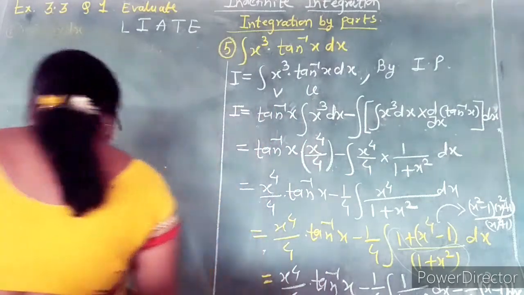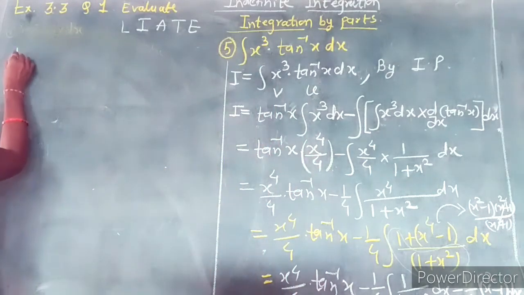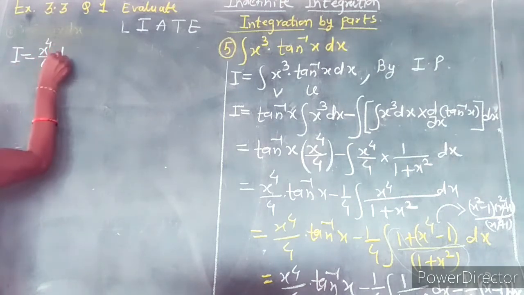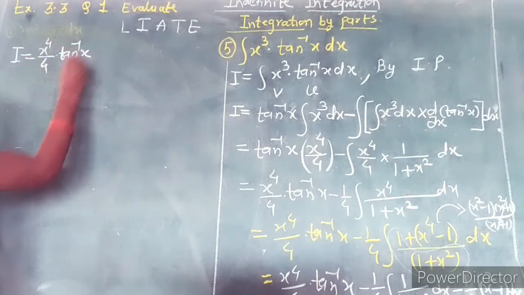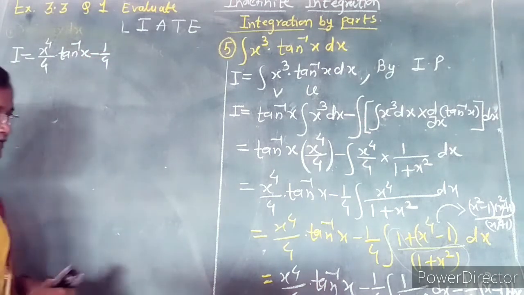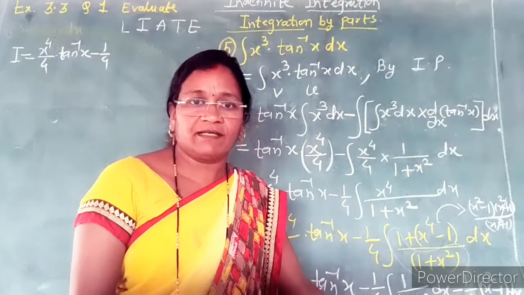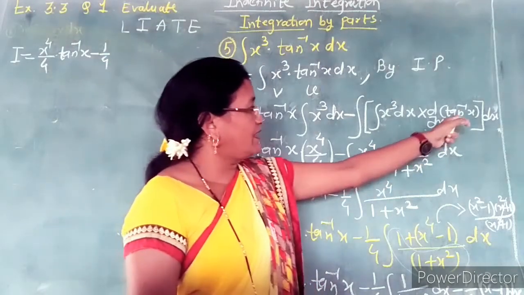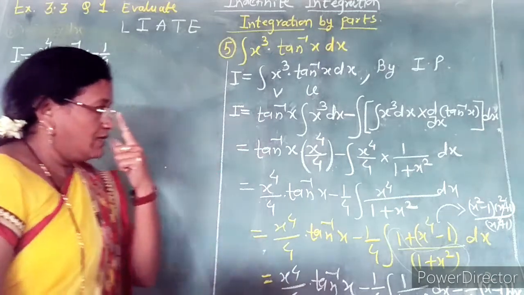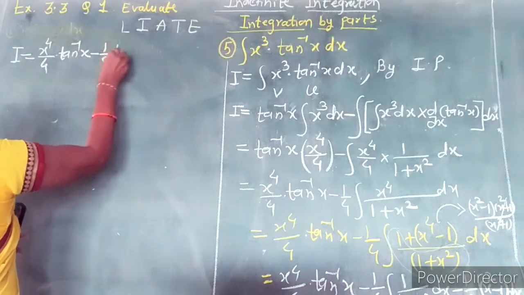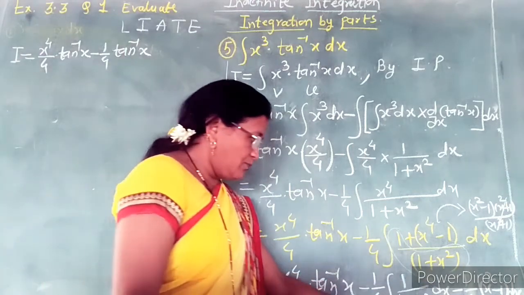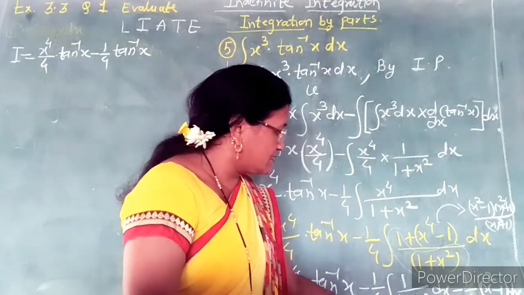Now simplify this. Therefore the integral I becomes x raised to 4 upon 4 into tan inverse x. Now minus 1 by 4. What is the integral of 1 upon 1 plus x square? By the antiderivative process, the integral of 1 upon 1 plus x square is tan inverse x.